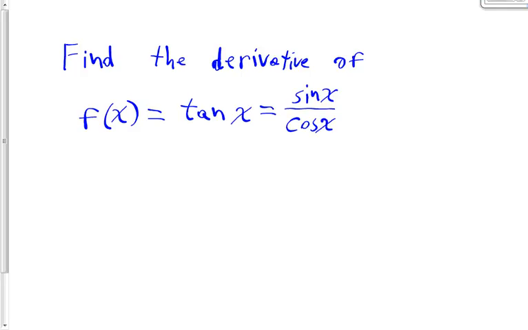And if we know the derivative of sine and cosine, we can use the quotient rule to calculate this derivative. We have another video about the quotient rule, but this is a quotient of sine x and cosine x.